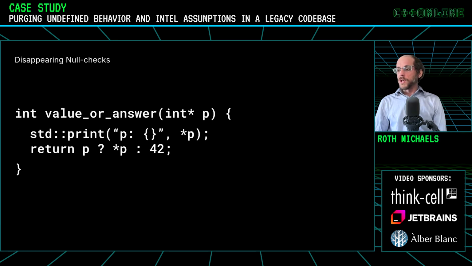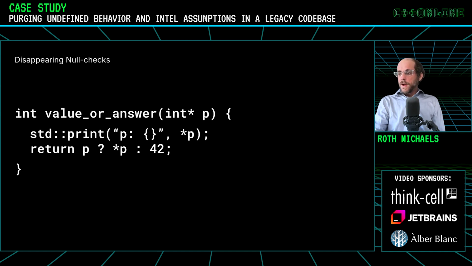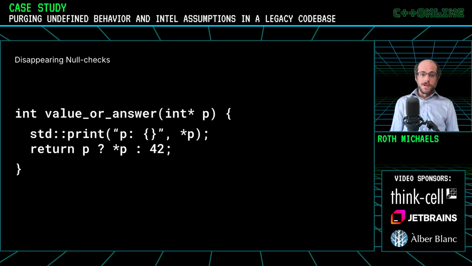Another kind of example that shows up a lot, where kind of tricky things happen, is null checks. So imagine you had this function that is giving you a value or an answer, and the main purpose of the function is to see, okay, does P evaluate to true? If so, dereference P and return the value. If not, return 42.